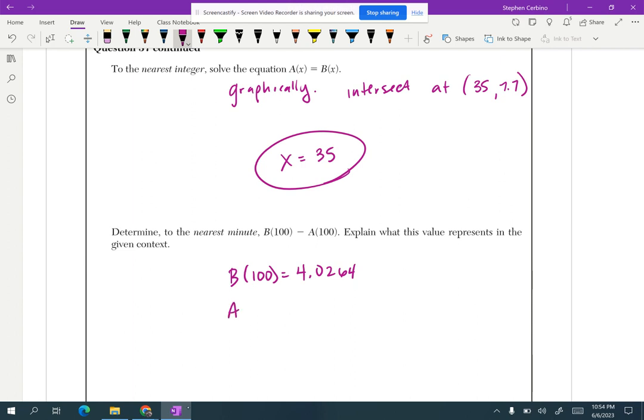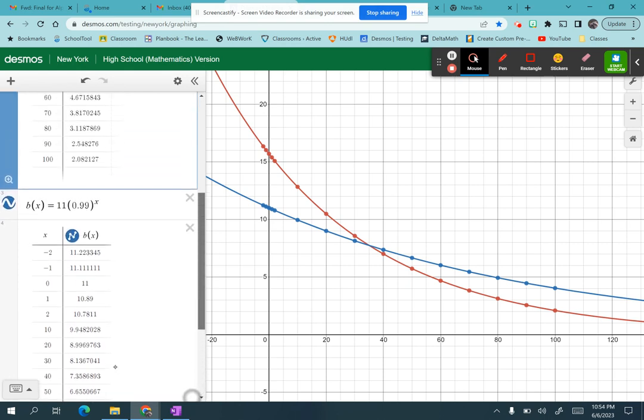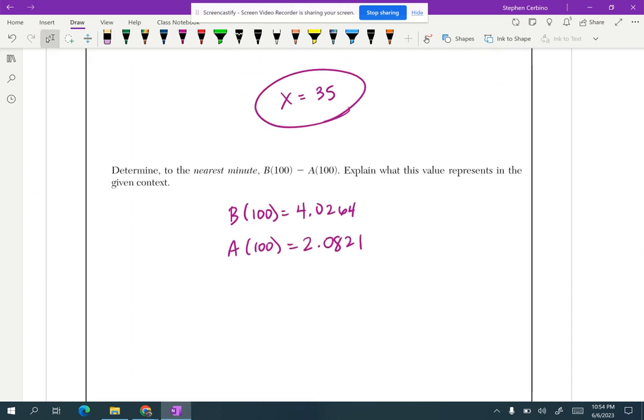And a at 100, again, we know that it's right on the table. So if we go to a, it's 2.0821. If you subtract those, b of 100 minus a of 100 is going to be equal to 1.9443. It says to the nearest minute, so that would be 2 minutes.